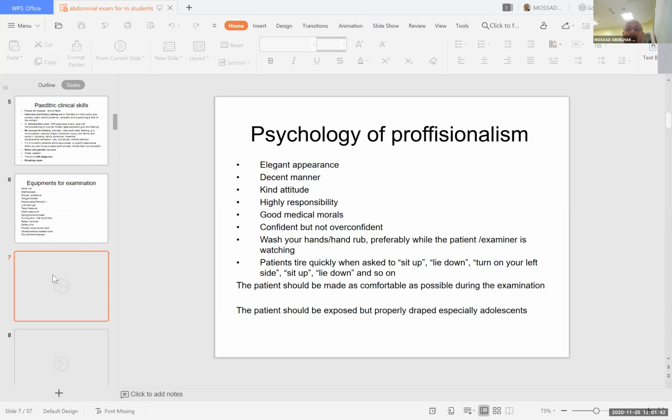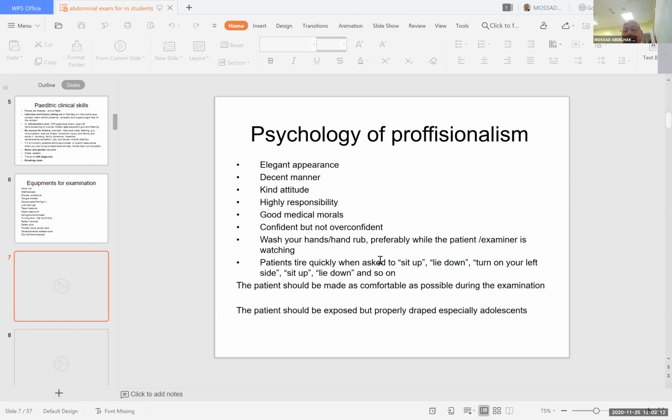Remember the morals from Islam and from the medical career, which has its morals and its regulations, which must be respected, because Islam respects every subspecialty and its own points. You must be confident. Don't forget to hand rub between every patient and after the patient. Okay.